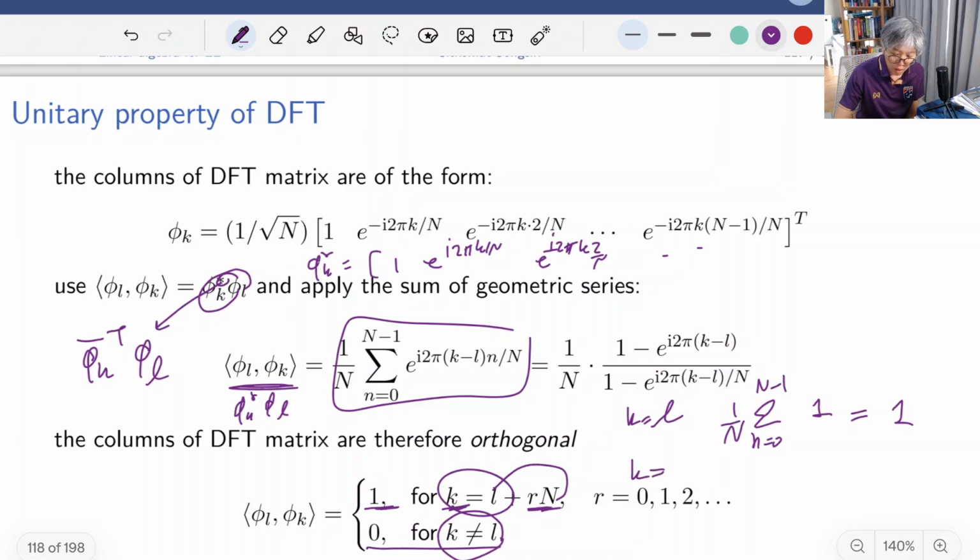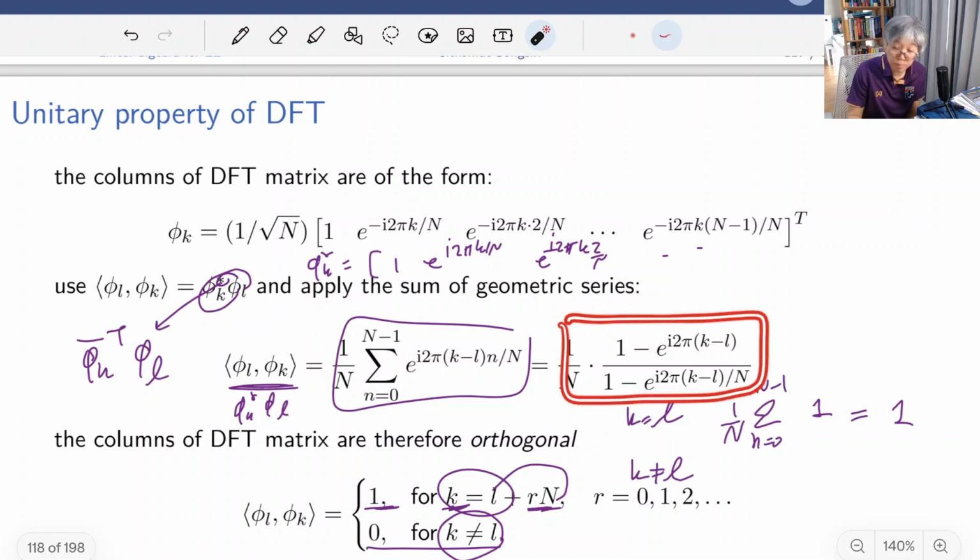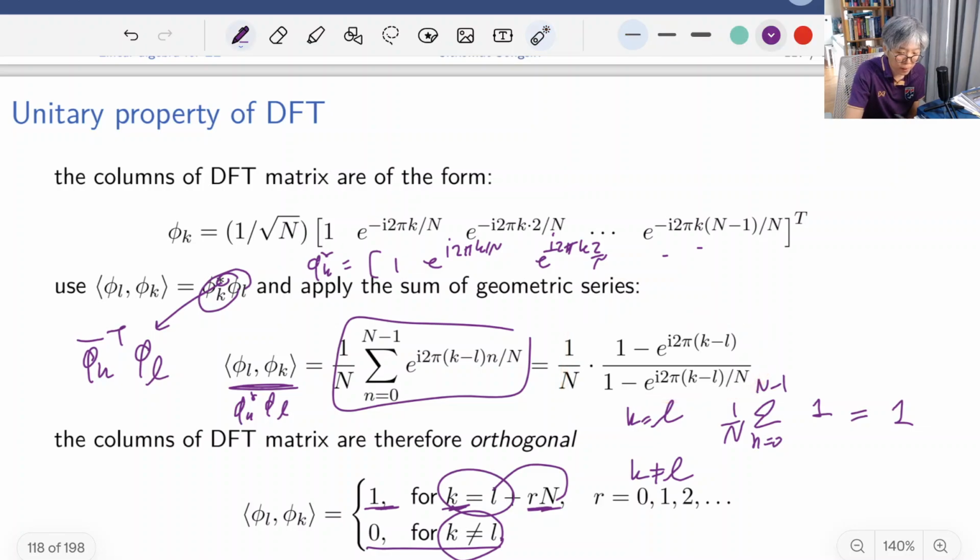When k is not equal to L, we apply the formula of the geometric series. Please recall the formula for a geometric series. When I apply that formula, the sum is this.